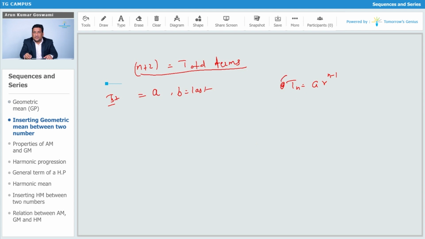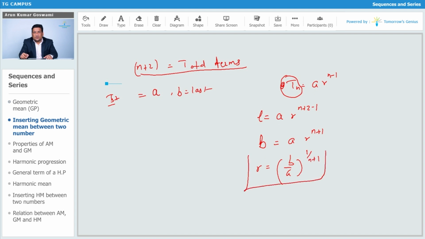For a finite series where we know the last term L, L is a times r to the power n plus 2 minus 1. L here is b, so b equals ar to the power n plus 1. So r is nothing but (b by a) to the power 1 by n plus 1. This is my common ratio.